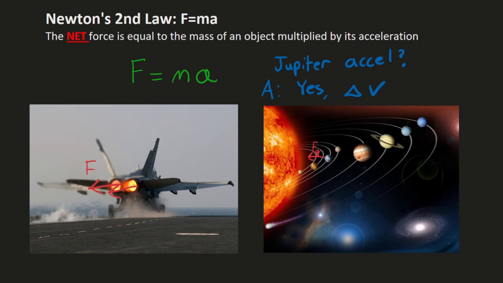Originally, at this point, Jupiter is going to be moving directly up along the path. However, if we go to this point in its orbit, now it'll be moving to the left. This means that because its velocity has changed direction, there has to have been an acceleration.